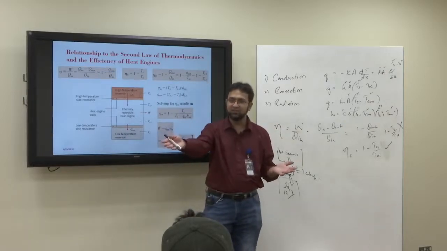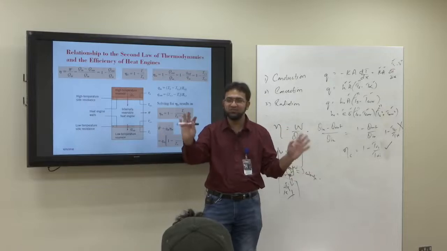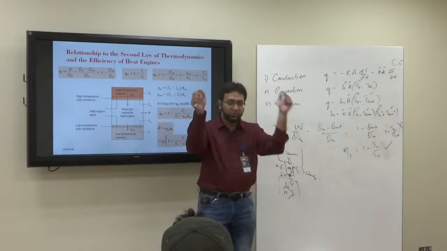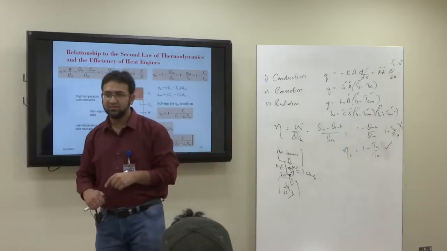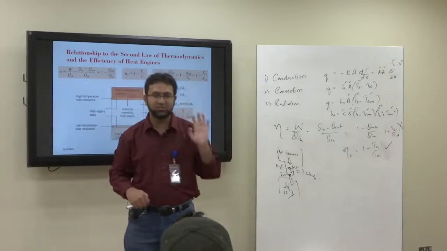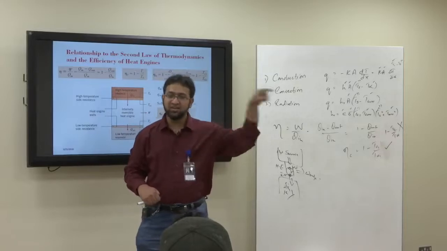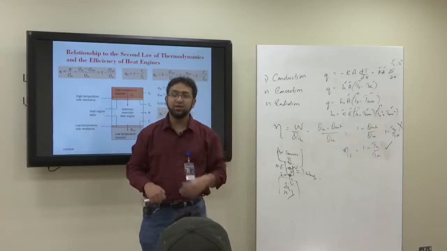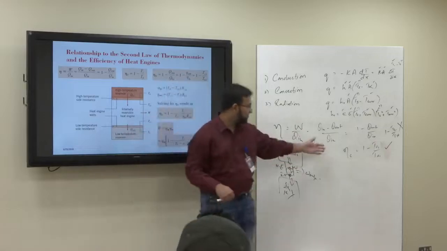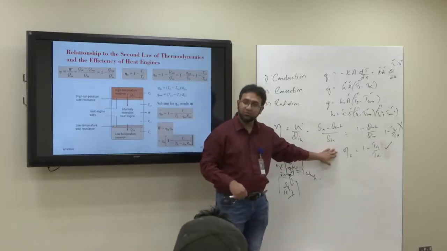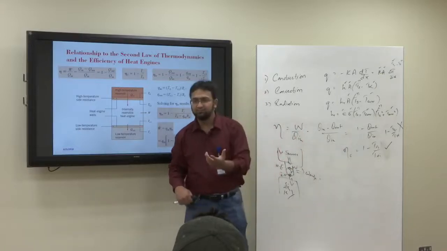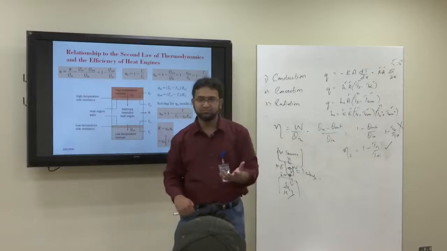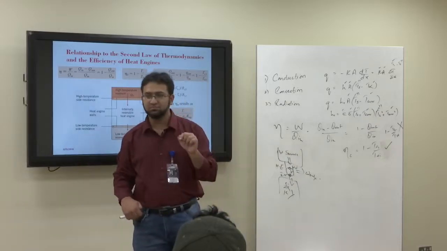The sink here, for example, is this room. It's easier to find the room temperature than to go into the cycle and find the temperature TCI. Similarly, it's easier to find the source temperature than to go into the cycle and find THI. If you know TCI and THI, then this equation will give you the correct value of efficiency. But for this, you need to know TCI and THI, which is troublesome. You need to go into the system.